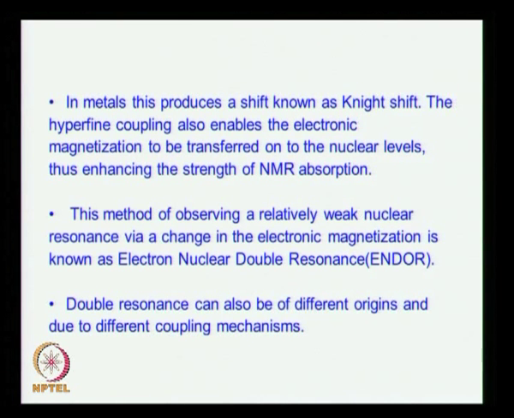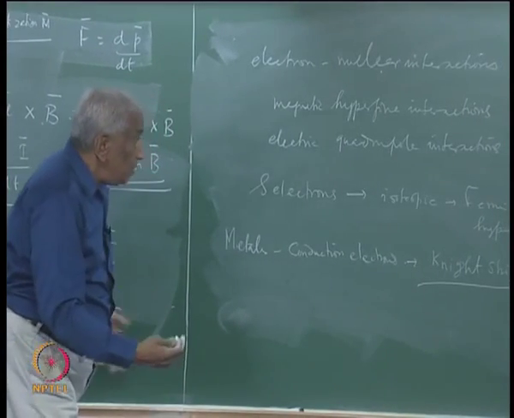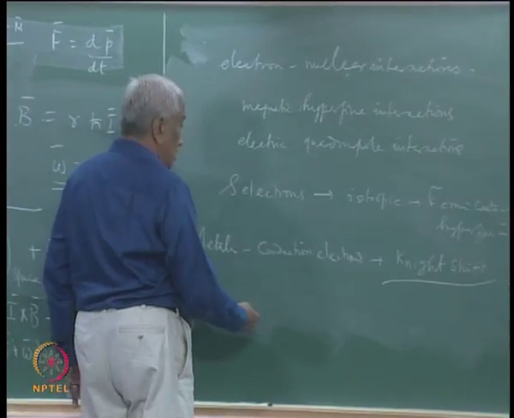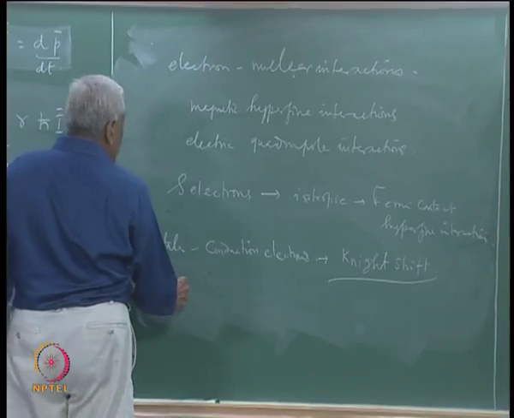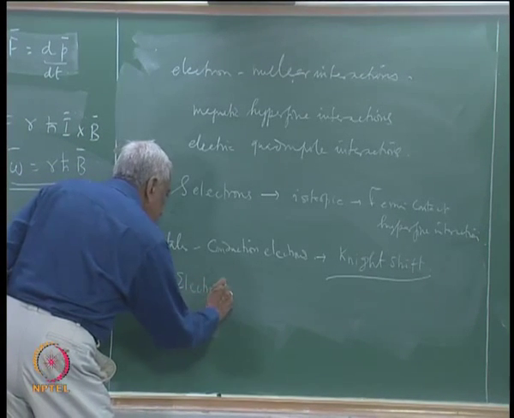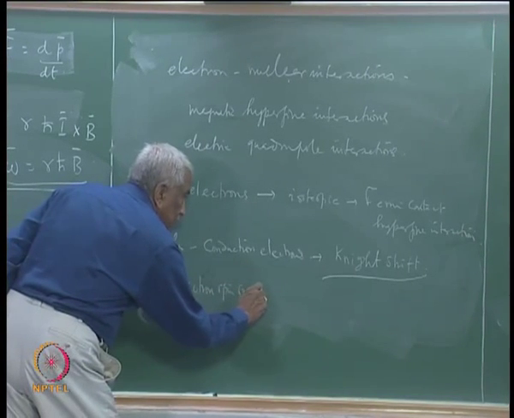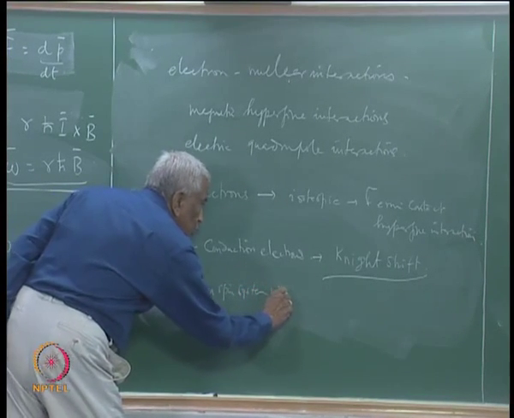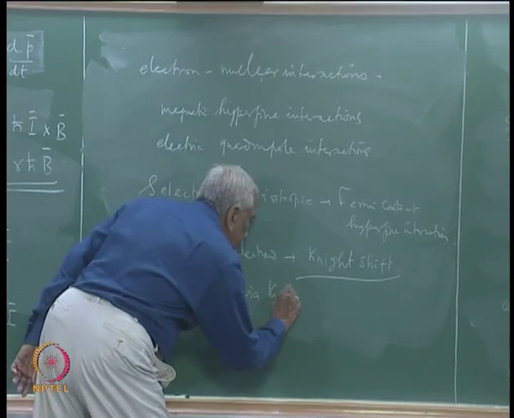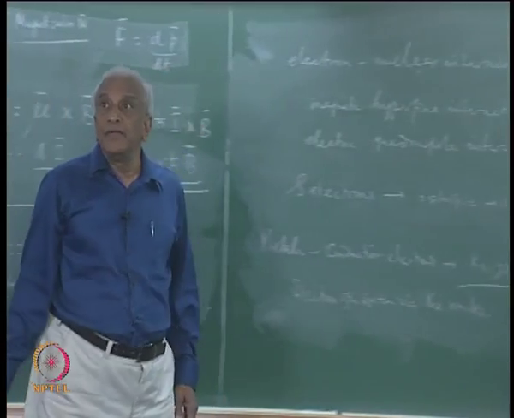Now, because of the electron nuclear coupling, you can also polarize the electron spin system, or magnetize, if you like, via the nuclei, because there is a coupling between the two systems, they are interacting.